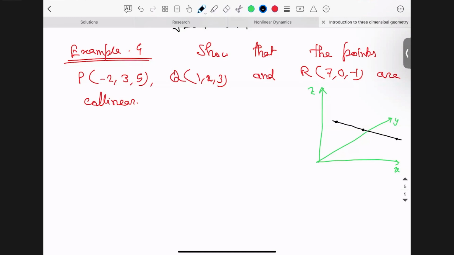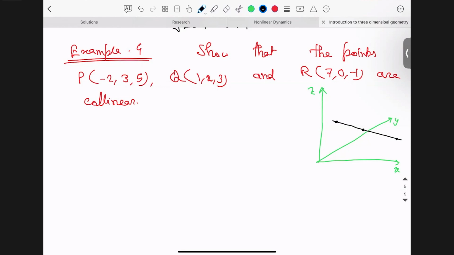Now, how can we check whether these 3 points are collinear or not? One way is that, since this is about a straight line, you can find the equation of the straight line passing through P and Q, and check whether the R point lies on that straight line or not.